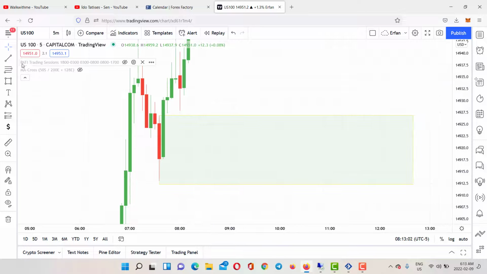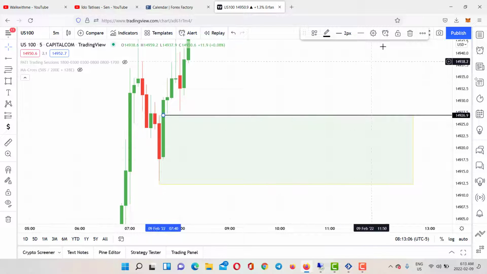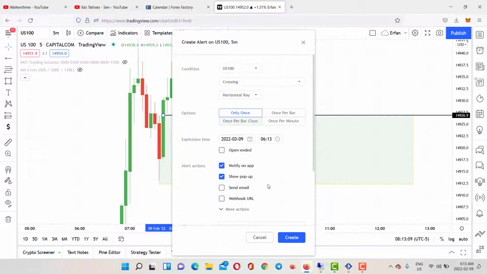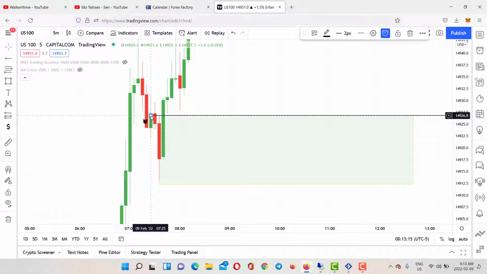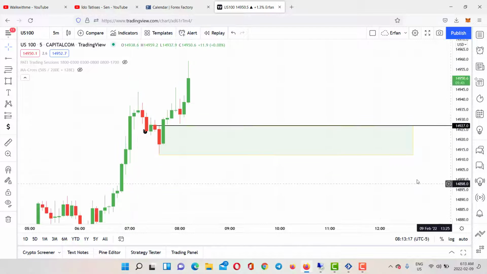That's why this is a high probability order block, and there's still a very high chance that it wants to come back to this level, tap into this zone, and then go towards the upside to fill in the rest of the gaps.